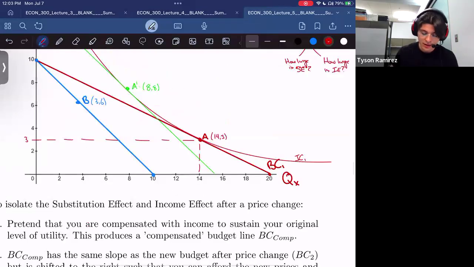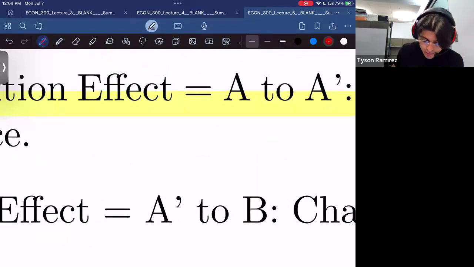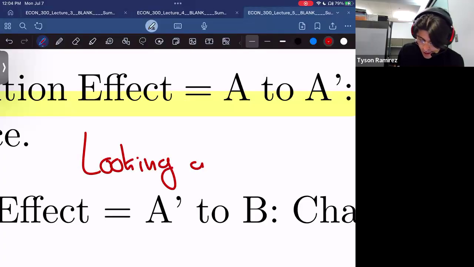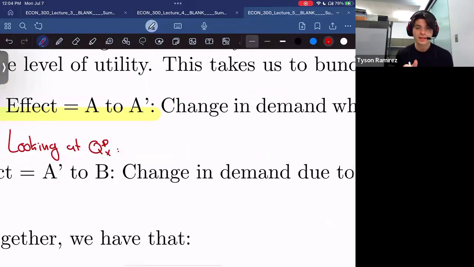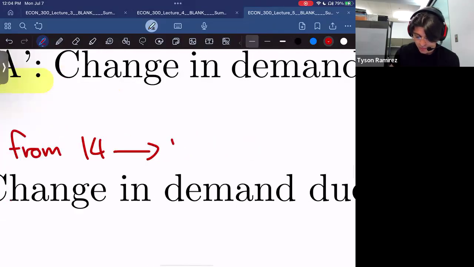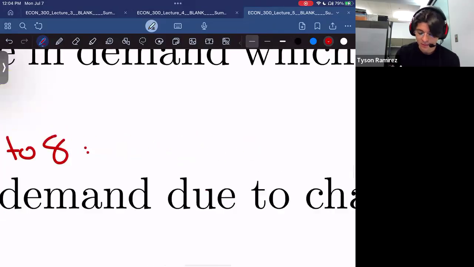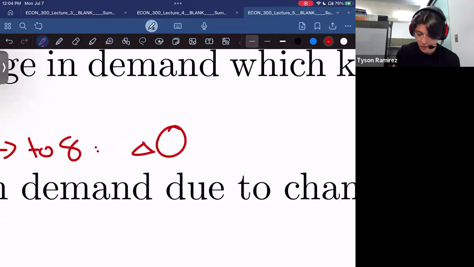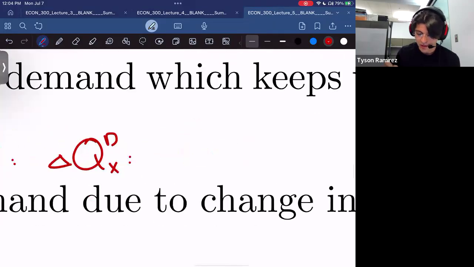So we see that looking at X, or I should say the quantity demanded of X, we went from 14 to 8. Thus, we had a change in quantity demanded of X of -6.